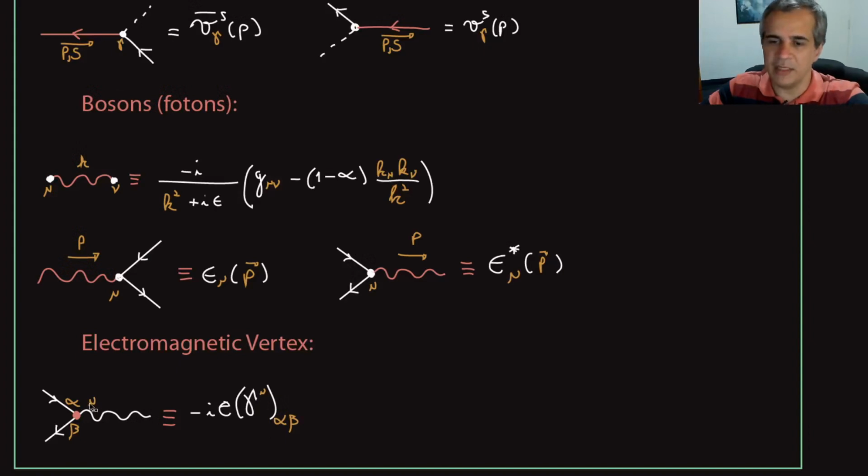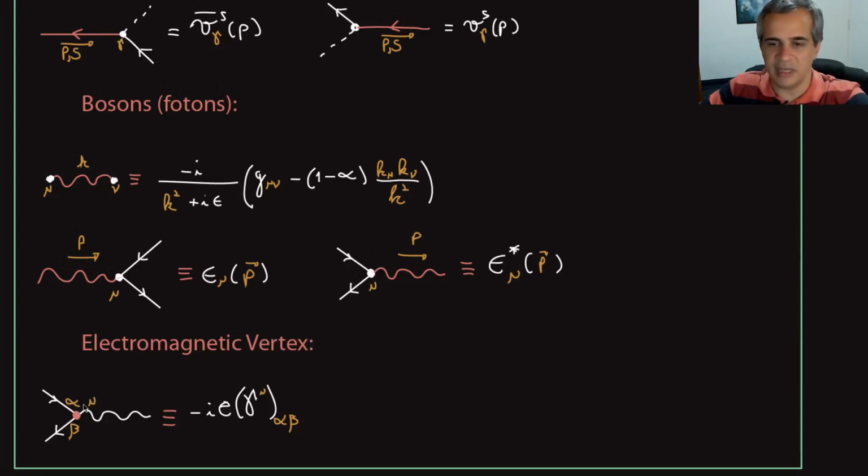So keep in mind that this index will be the same as the photon going into this vertex, either as an external photon, so mu would be the same as this one, so contracted, or as a propagator. These guys contract with one vertex on the left and another one on the right. So there'll be a gamma mu multiplying this guy here and a gamma nu multiplying this guy here. The same goes for the fermions.